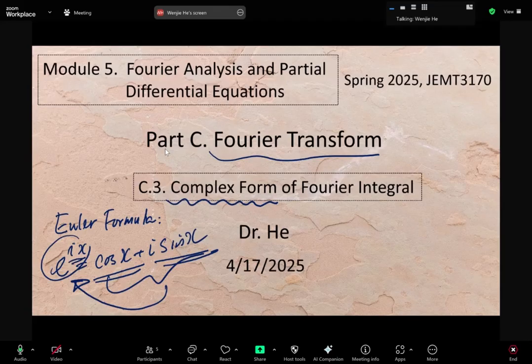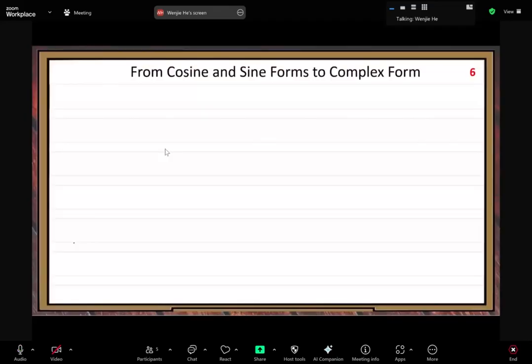So let's look at the details. From cosine and sine forms to complex forms, let us do some calculation. Start from the Fourier integral function, the Fourier integral formula.